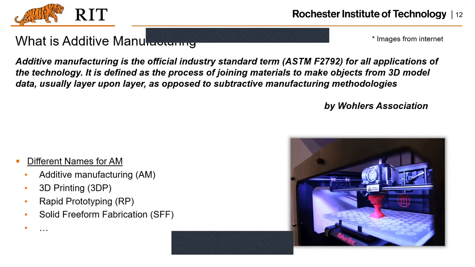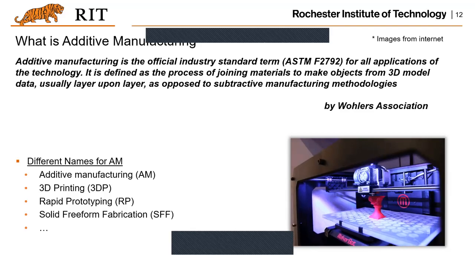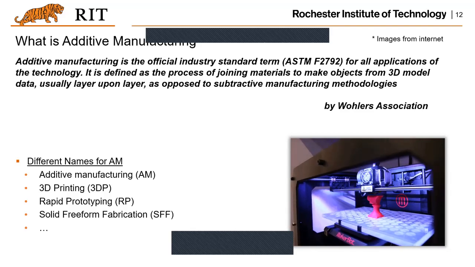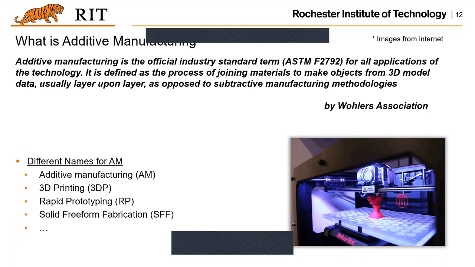The basic form is to join material to make objects from 3D data. Usually it's layer by layer, but right now this layer by layer pattern has the potential to be changed, so it's not a mandatory description for additive anymore.